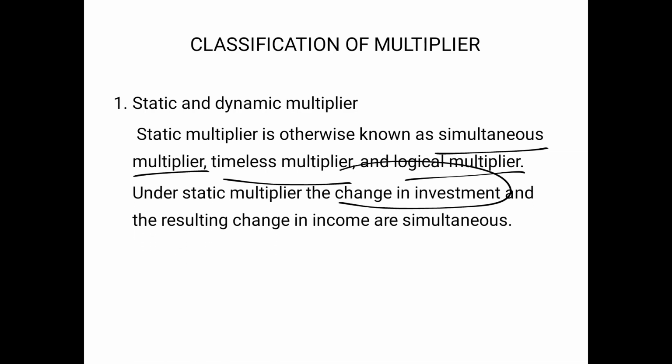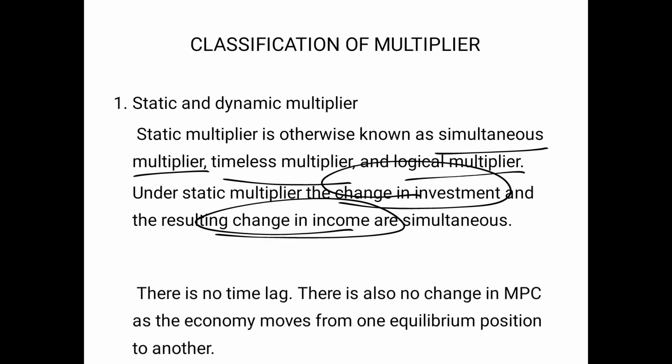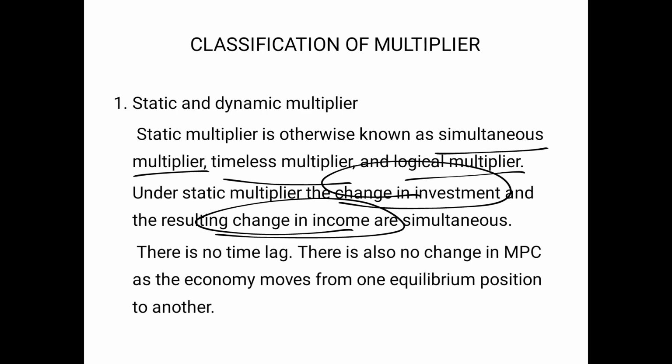There is a change in the investment, and that automatically changes the income. Simultaneously it keeps on changing. There is no time lag at all, and there is also no change in MPC. So the economy is moving in an equilibrium position. Static means it is going in an equilibrium position.